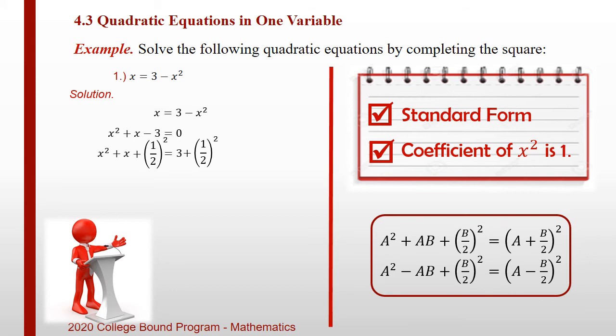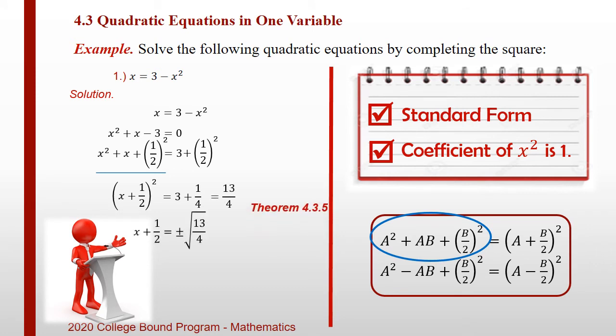Looking at our new left-hand side, it obviously satisfies the first perfect square trinomial. Hence, we may factor it as (x + 1/2)². On the other hand, the right-hand side becomes 3 + 1/4, which is 13/4.